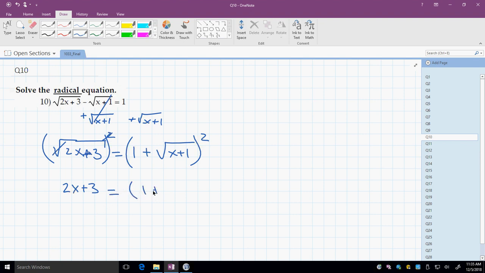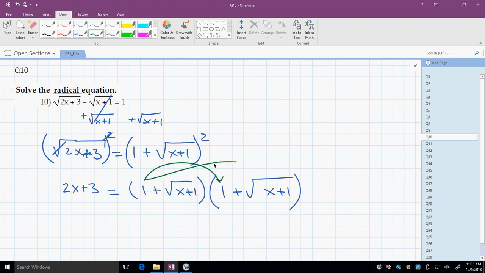You have to remember that every time you have a parenthesis with an exponent, that means you have 2 of those parentheses, and we have to break it apart, and we have to FOIL. So we're going to multiply here, and here, here, and here.